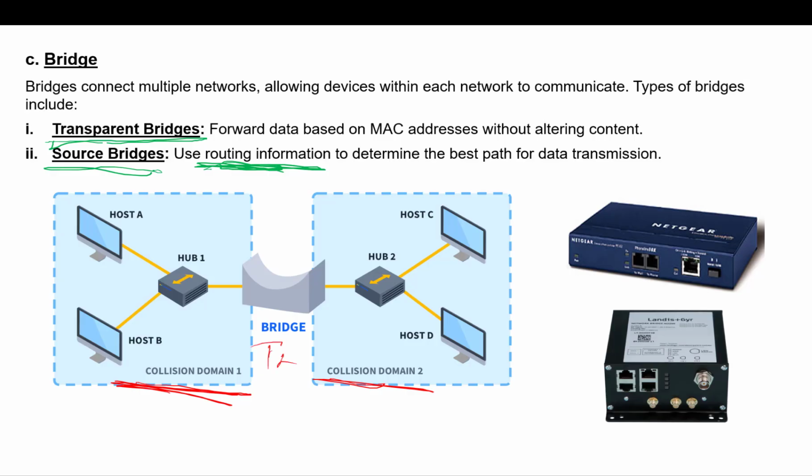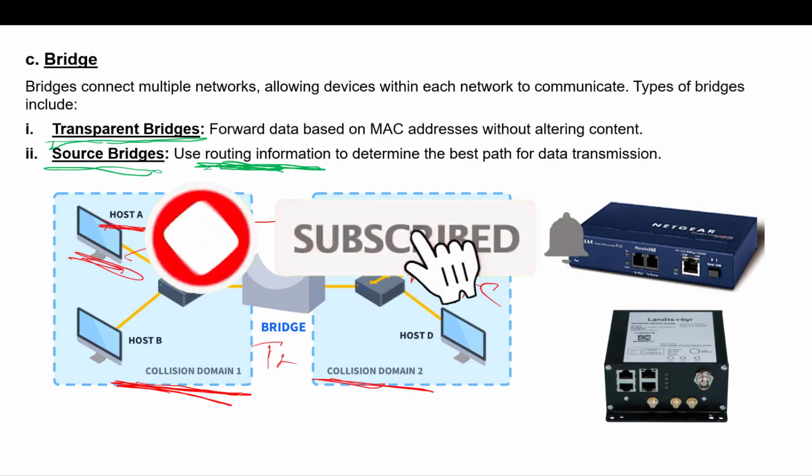Now, if this PC, this host or computer A, wants to send a message to computer C, right? Computer C uses the MAC address, a personal address that the device comes with from the manufacturer, which computer A uses to identify it.